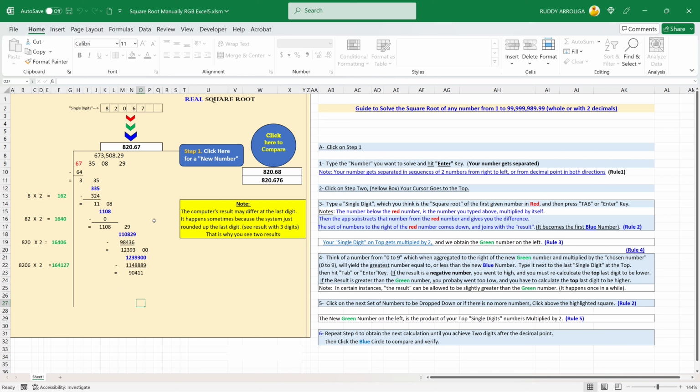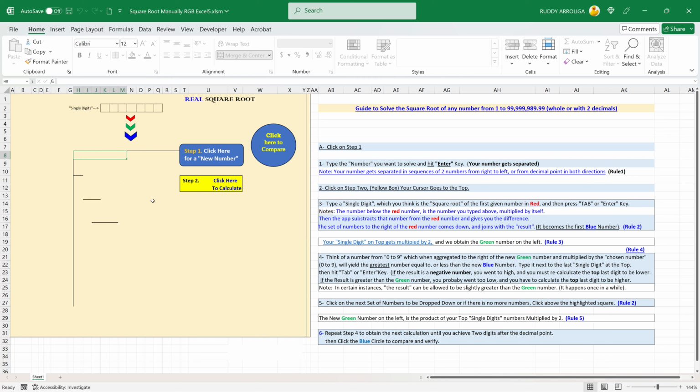If you want to calculate another number, you just click over here. Forgot to tell you that after we click over here, we get this yellow note. The computer's result might differ at the last digit. It happens sometimes because the system just rounded up the last digit. Okay, great. Now that we know that, if we want to calculate the next number, we just click over here again. Everything clears up.